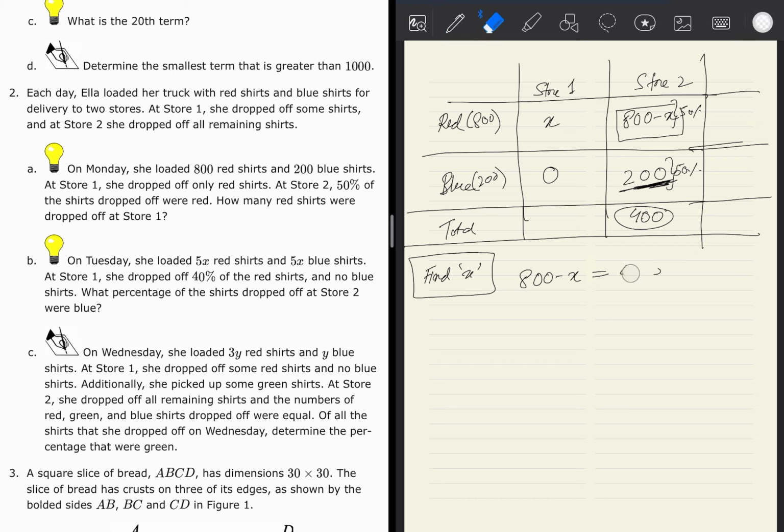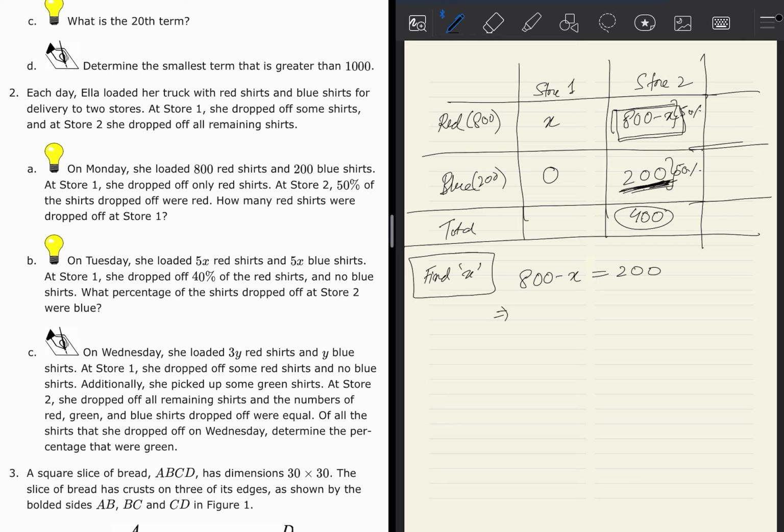So you can write 800 minus X to be equal to 200, because this is 200, which is the 50% of the total number of shirts here. So the other 200 must be this, so that it adds up to 400. So it's very simple.